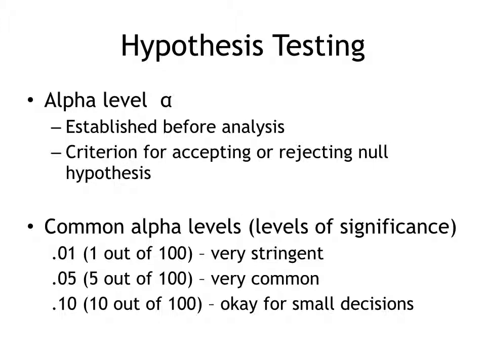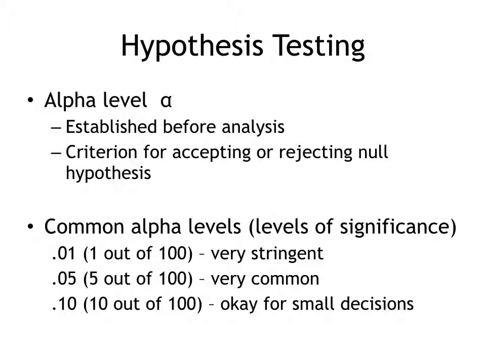So I don't want to make a mistake in saying that I'm going to reject the null and say there's a difference in these groups. So in medical tests, they often go with that 0.01, a very stringent level, because people's lives depend on it. If I say that there's a difference there, reject the null, but it turns out that that was by chance, I could actually be killing people with this drug.